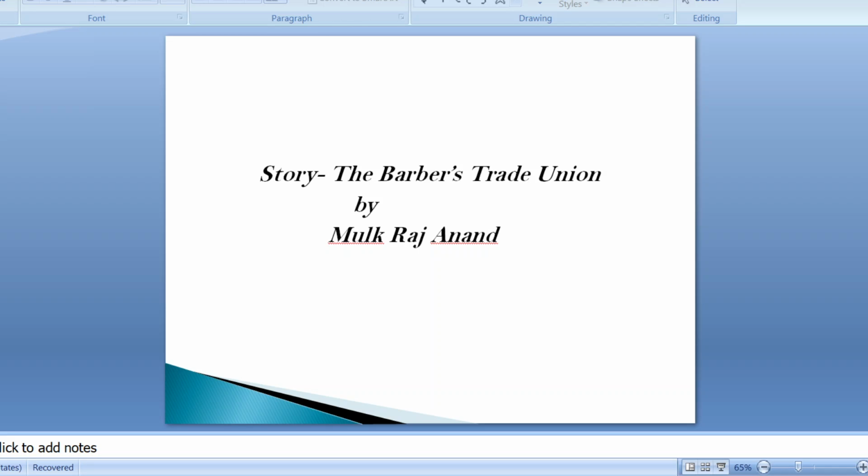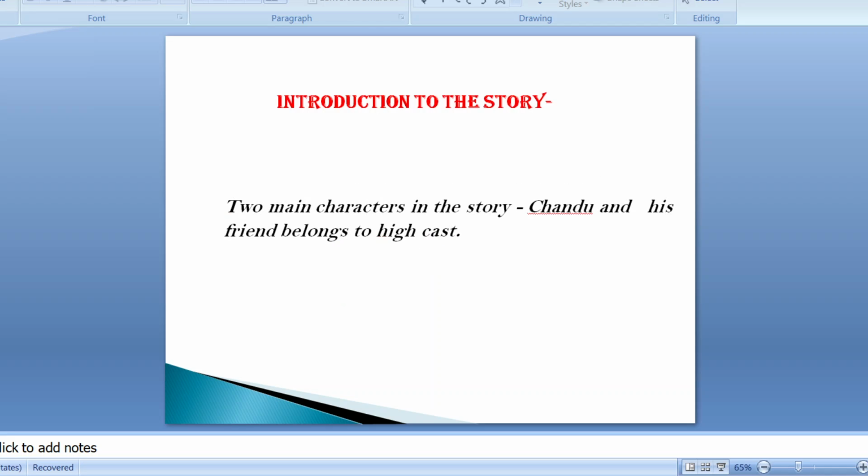Before we start this story, we need to know the general introduction of the story. There are two main characters in the story.